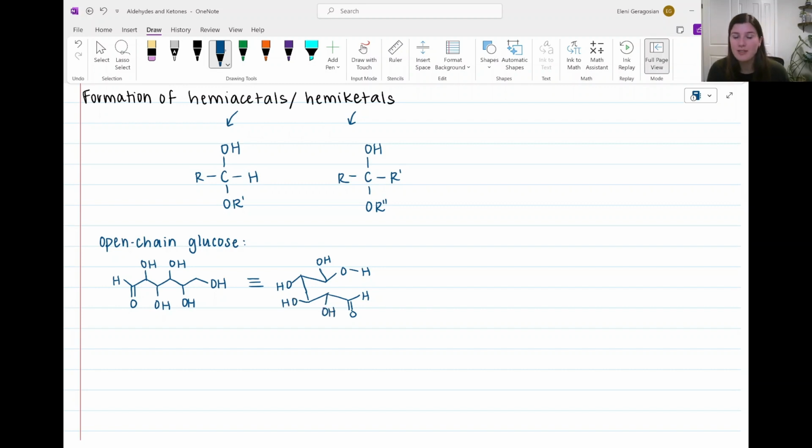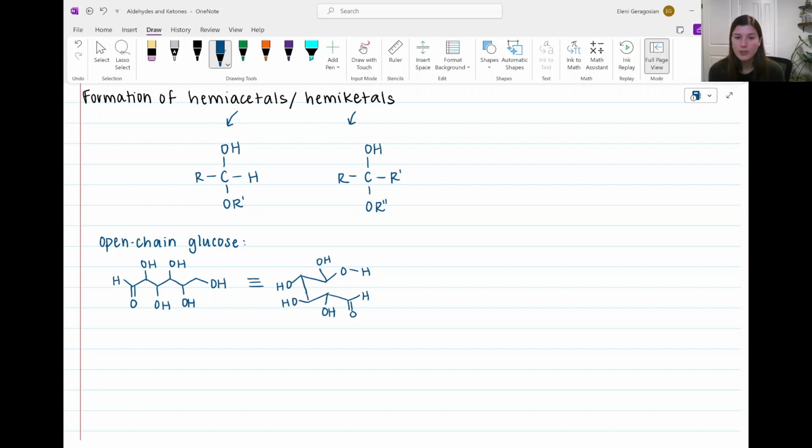And you notice all of these are in the equatorial position, all of the OH groups. Might remember that from previous classes, that atoms or substituents in a cyclohexane ring in the equatorial position is more stable than axial positions.